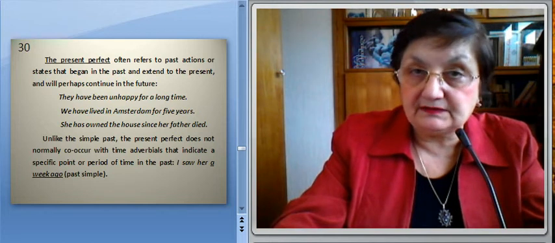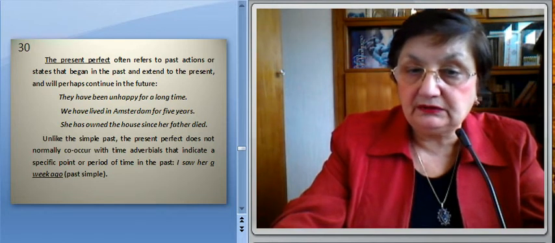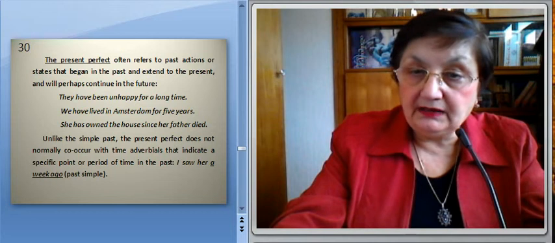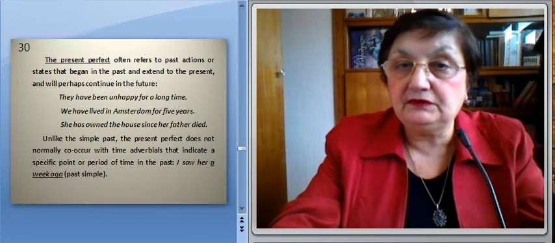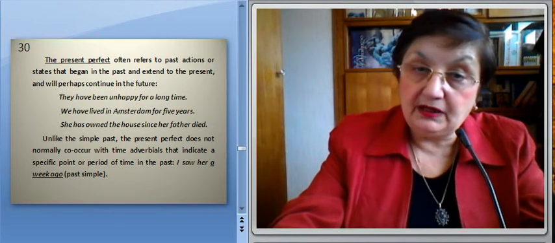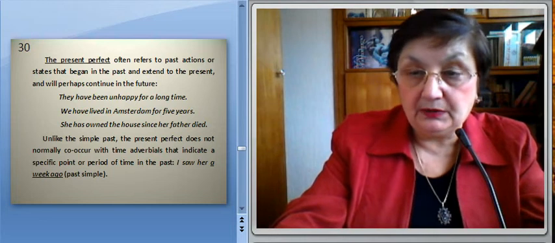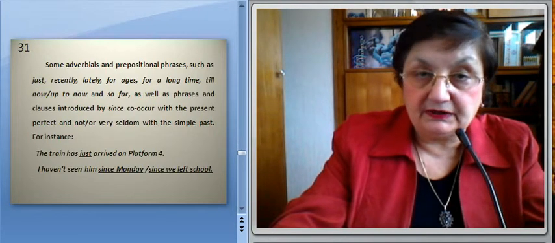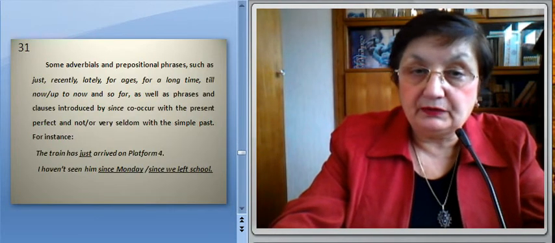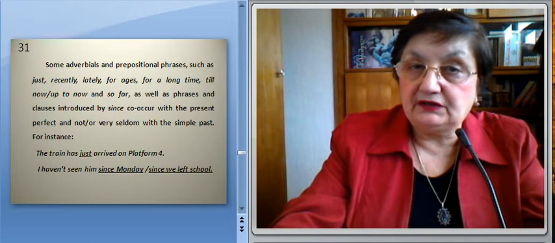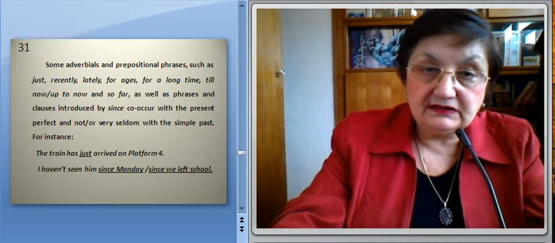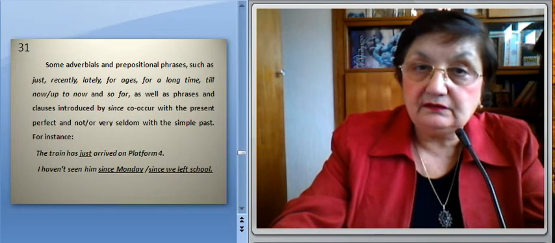Some adverbials and prepositional phrases such as just, recently, lately, for ages, for a long time, till now, up to now, and so far, as well as phrases and clauses introduced by since, co-occur with the present perfect and not, or very seldom, with the simple past.